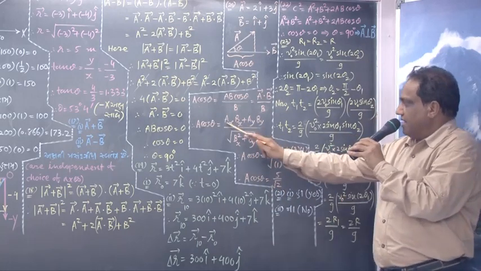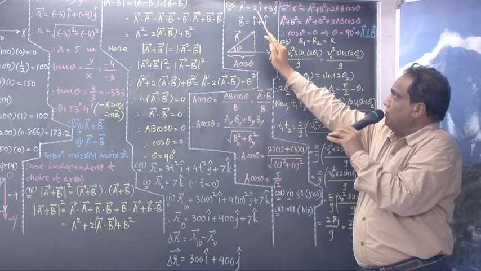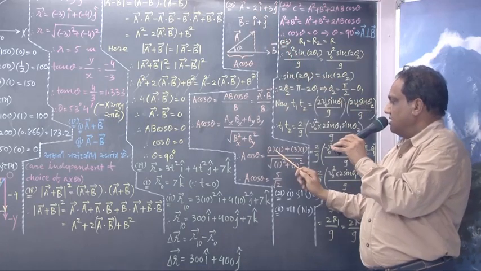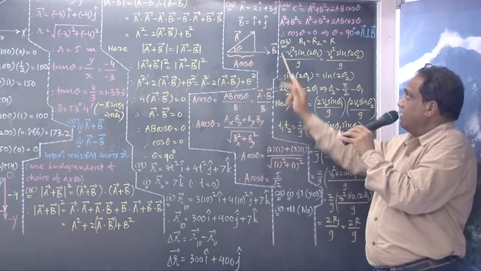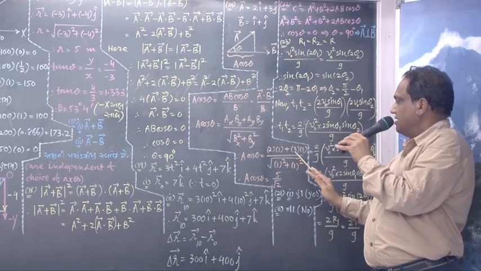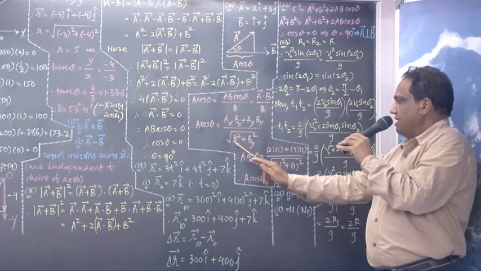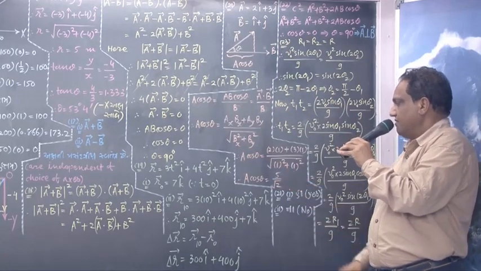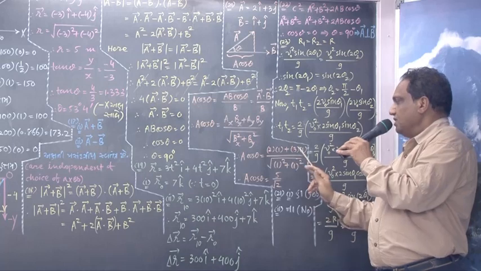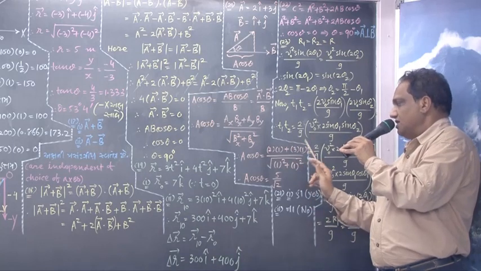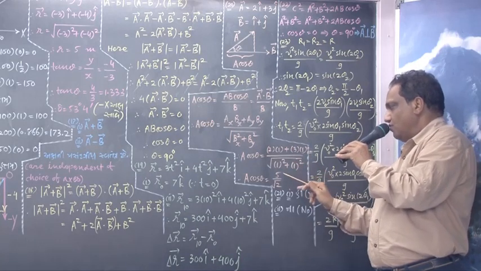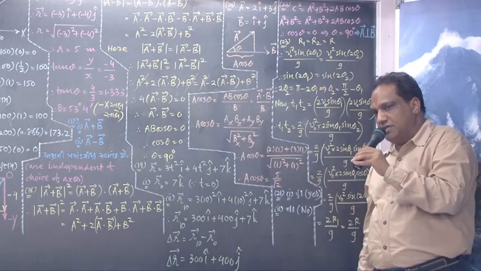Now tell me, Ax into Bx: Ax is 2, Bx is 1, so 2 into 1. Ay into By: Ay is 3, By is 1, so 3 into 1. Bx is 1, By is also 1. Simplify: 2 plus 3 is 5. Here it is under root 2. So 5 upon under root 2.